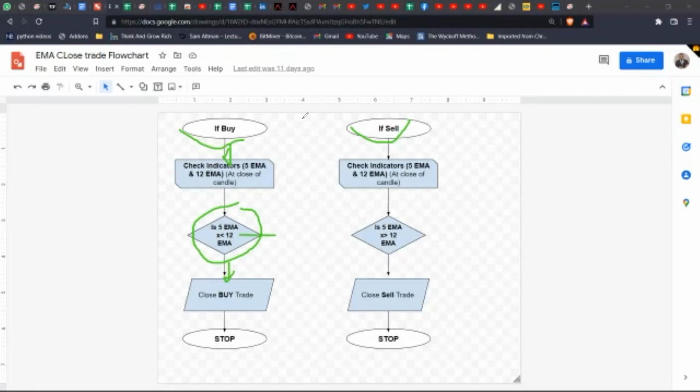Now, if it checks and sees that there's an open position, but the position is a sell, it will go down this path and check to see if the 5-period moving average is crossing above the 12. And if the answer to that is yes, it will close the sell trade. And this is also the signal for opening a buy trade.